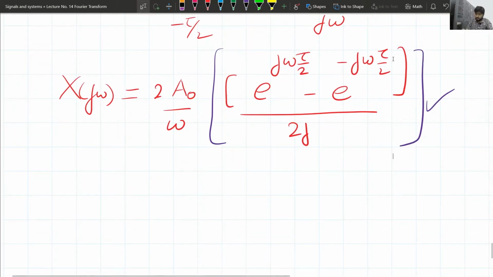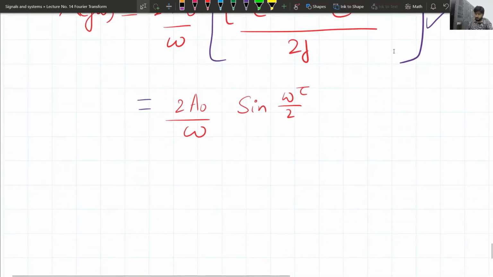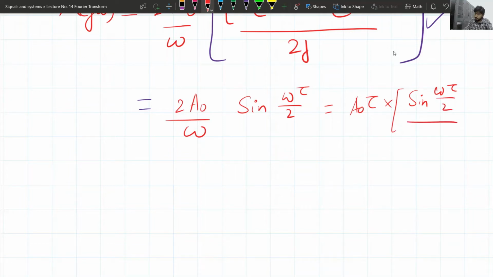So we can write it as 2 A naught upon omega into sine of omega tau by 2. Rewriting this as A naught into tau multiplied by sine of omega tau by 2 upon omega tau by 2.